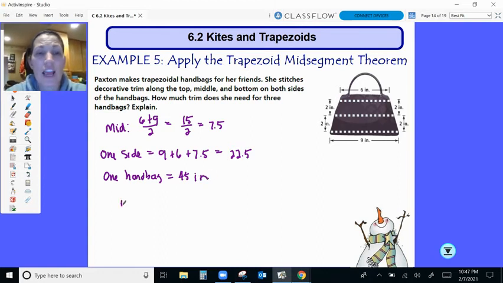So if she needs 3 handbags, 3 times 45, which would be, what is that? 3 times 45, 135 inches of stitching she will need.